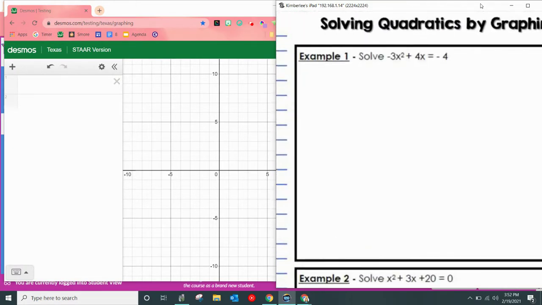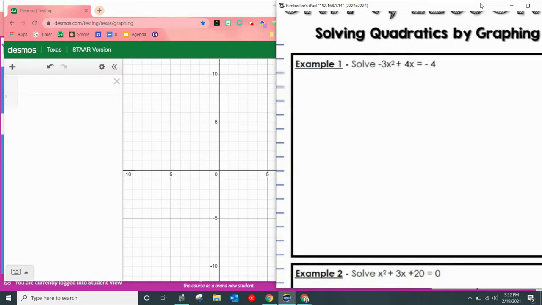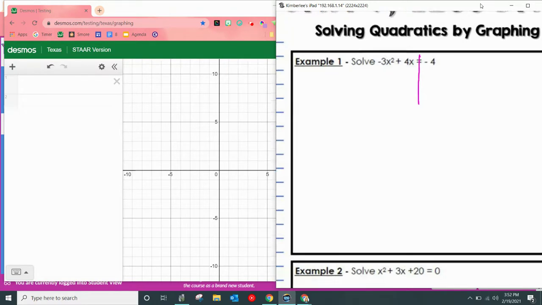So we've been looking at ways of solving quadratics. We talked about factoring. The first thing you have to do is make sure it's equal to 0. Well, look at this one. It's not equal to 0. So I'm going to make it equal to 0. I'm going to draw my line. I need to move that -4 over there where I want it to say 0. Look at example 2.